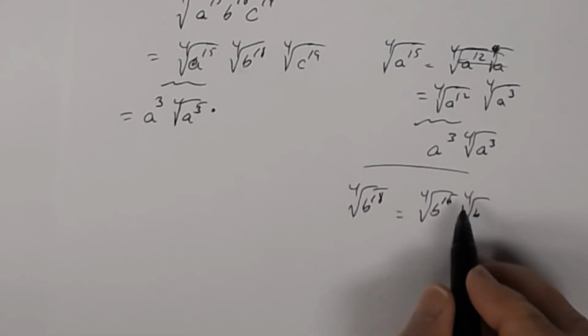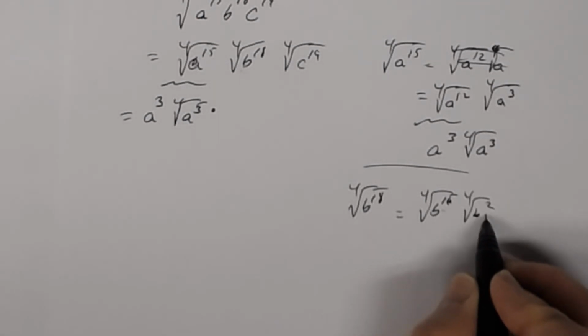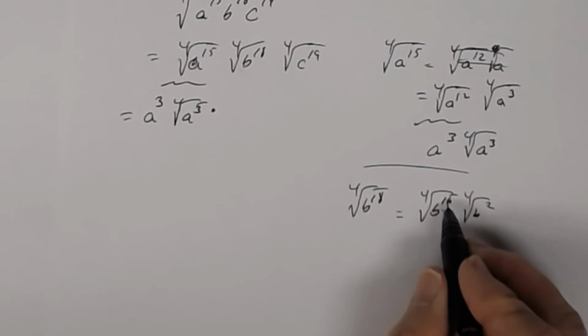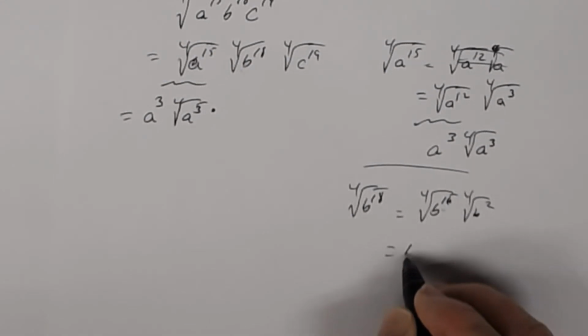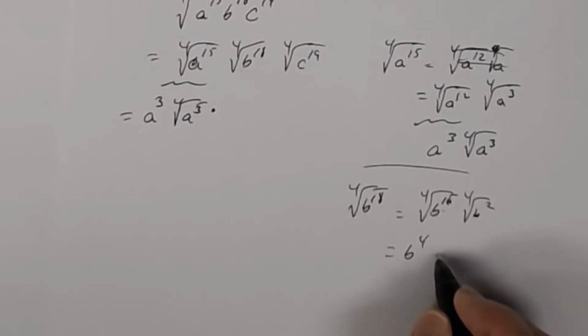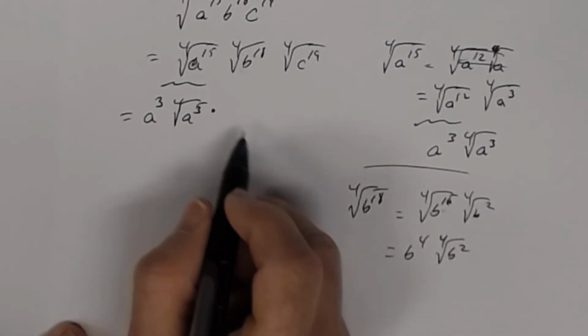You need to make sure that's correct. 16 plus what is 18? The answer is 2. When you multiply like bases, you add exponents. 16 plus 2 is 18. Now 16 divided by 4 is 4, so that's b to the fourth. Can I simplify the fourth root of b squared? The answer is no, because 2 is less than 4. So it'll be the fourth root of b squared, and that goes here now.